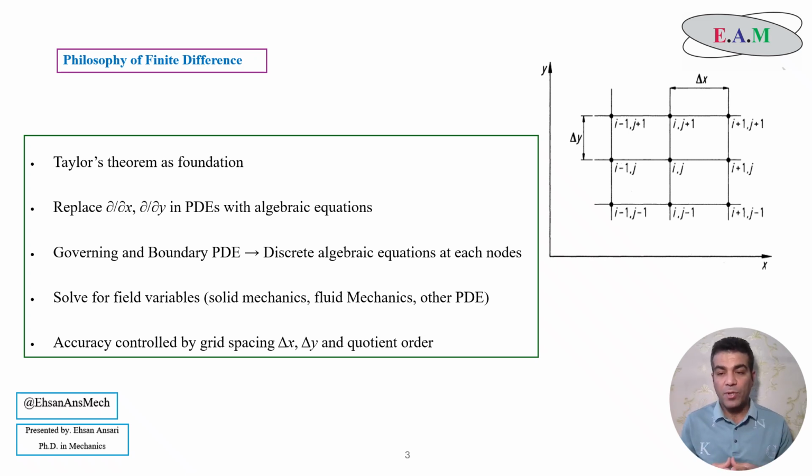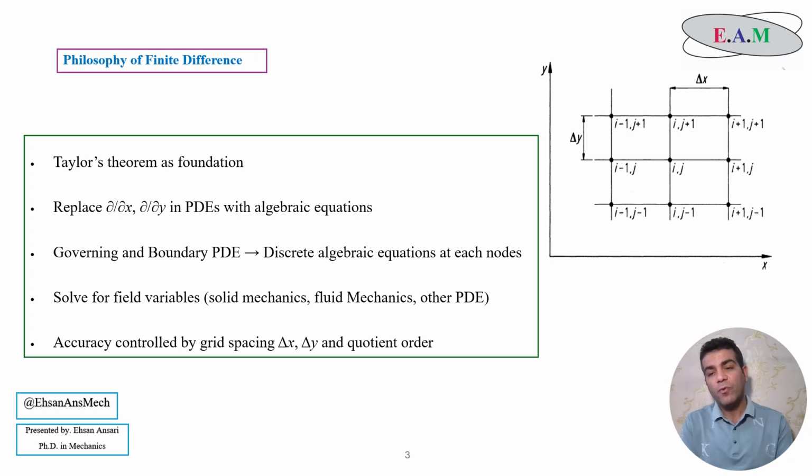Concretely, to approximate u_x, the partial derivative of u with respect to x, we rewrite it as a combination of neighboring values u_{i+1,j} or u_{i-1,j} divided by delta x, plus a truncation error.